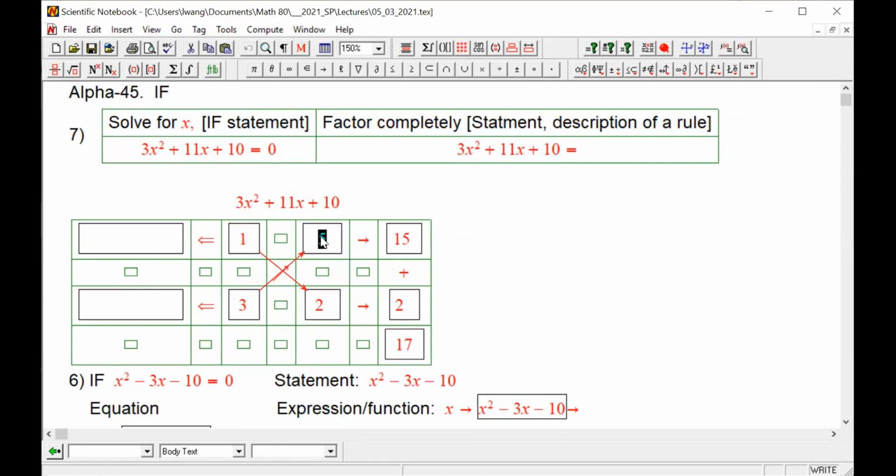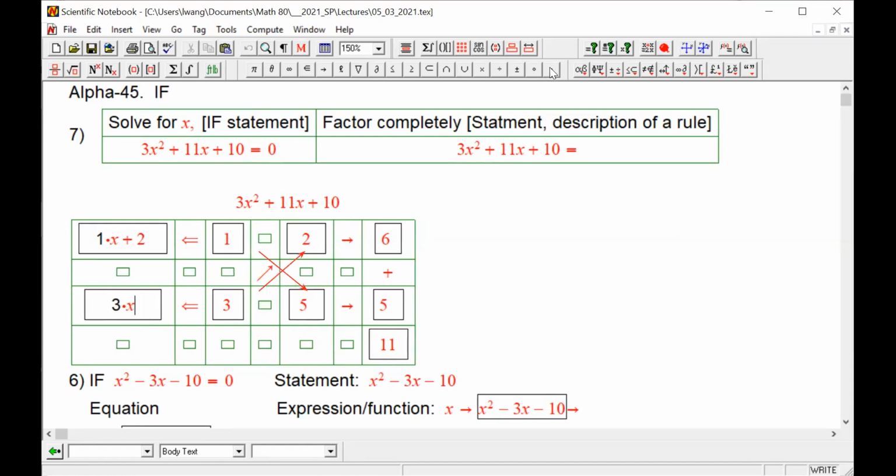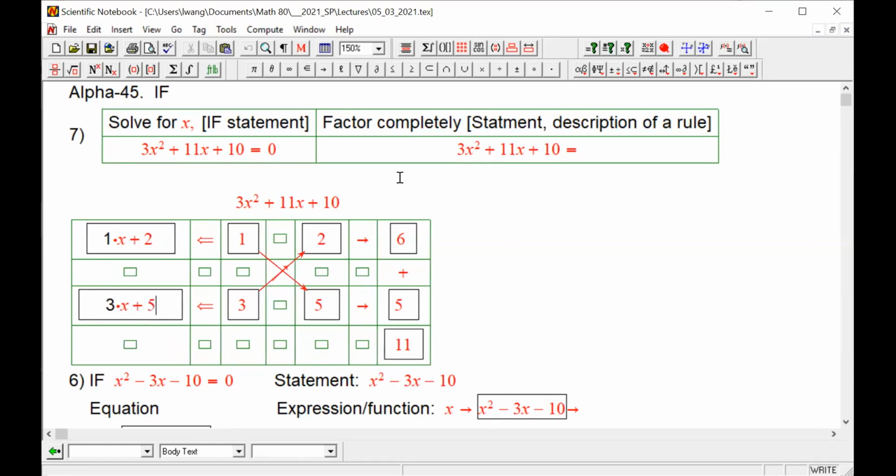Well, let's try something else. How about we change 2 to 5, 2 times 5. 2 times 3 is 6. 1 times 5 is 5. I think we made it. 11. So 11 matches the positive 11 right here. So when we're composing the factors, it's going to be 1 times x plus 2, and this here will be 3 times x plus 5. We got our factors.